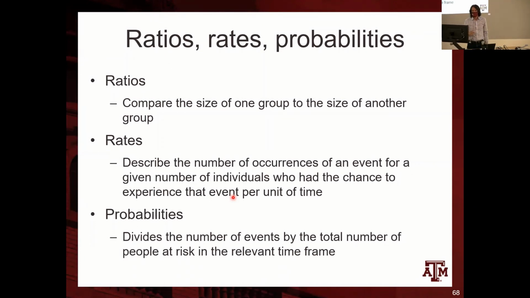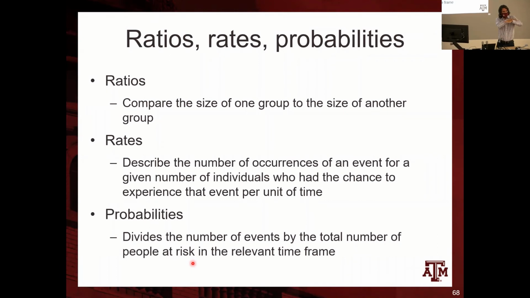And probabilities divide the number of events by the total number of people at risk in the relevant time frame. The easy way to understand probabilities and rates: for probabilities, we get the people who were exposed to a specific risk at the beginning of the period. That's going to be my denominator, and we count the events, the numerator.